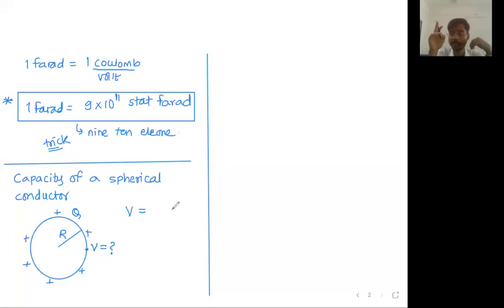Also use small k, capital K precisely. Small k is 1 upon 4 pi epsilon 0, and epsilon is equal to epsilon 0 into epsilon r, or epsilon 0 into K. This K is capital K. Let's be precise. Very good, Monali.